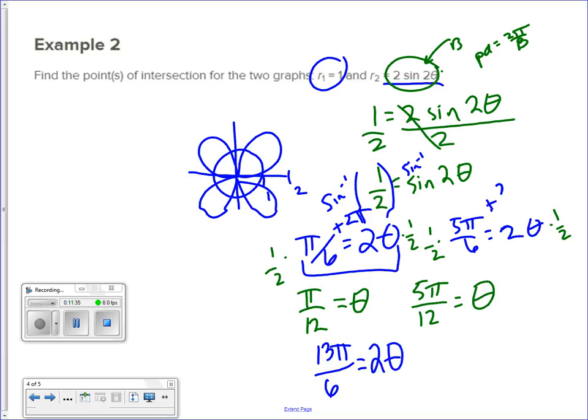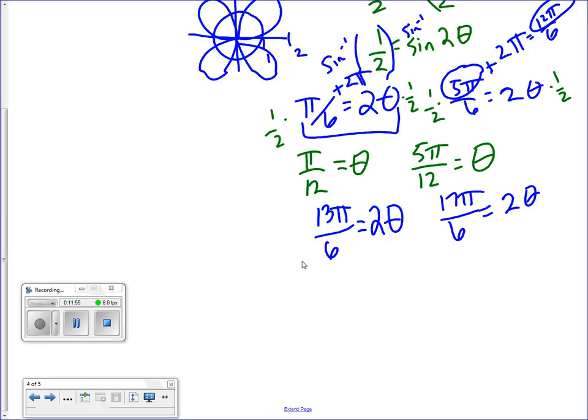Same thing here, we can add 2 whole pi's. The way I'm doing this quickly is 2 whole pi's cut up into 6 give me 12 over 6. And I'm adding the 12 and the 5. All right, and then same thing I did before, multiplying by 1/2.